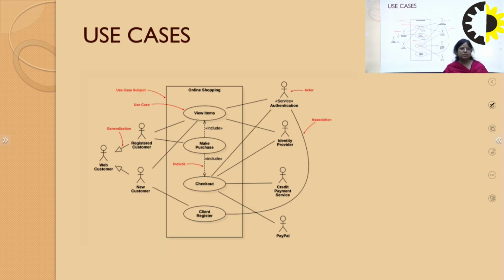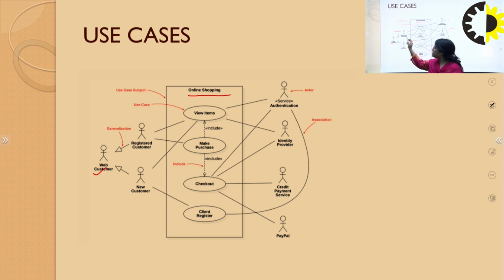The next use case is for showing a customer who uses shopping sites, online shopping. Here we have included the name of the system or use case. Web customer: we have divided the web customer into two categories, registered customer and new customer.